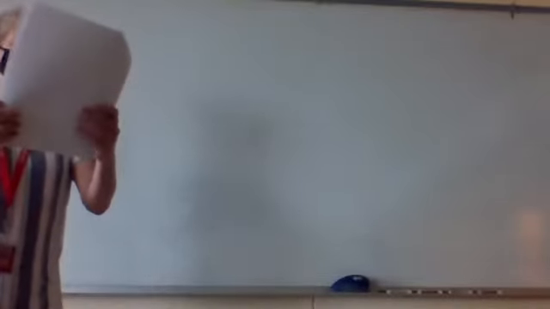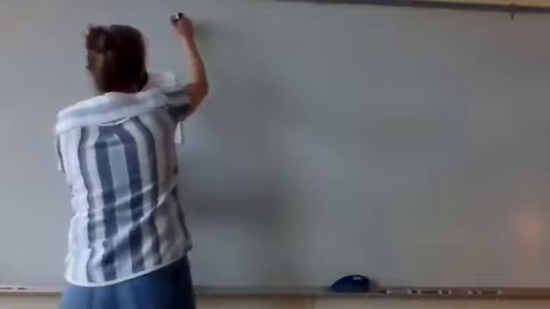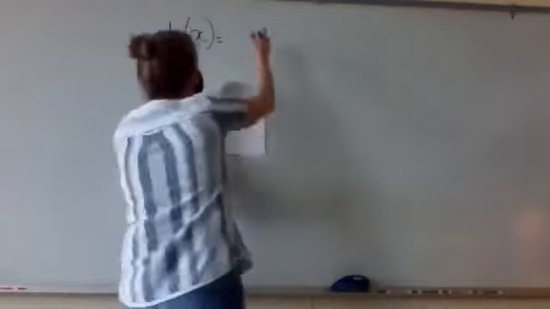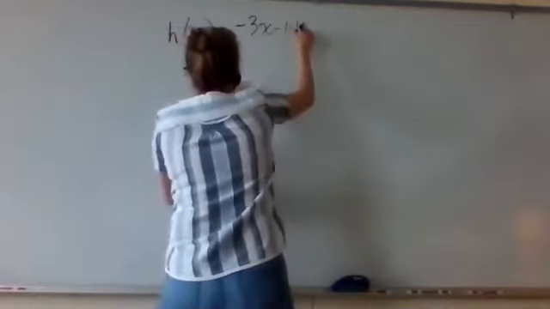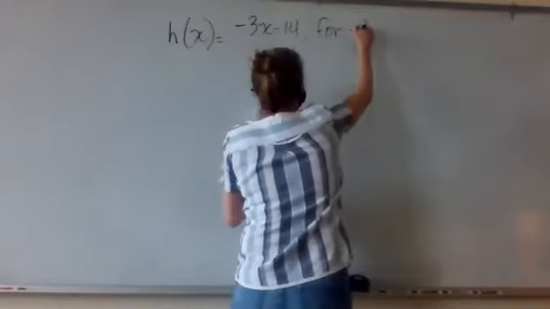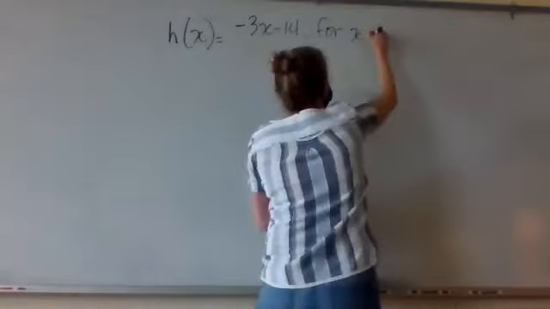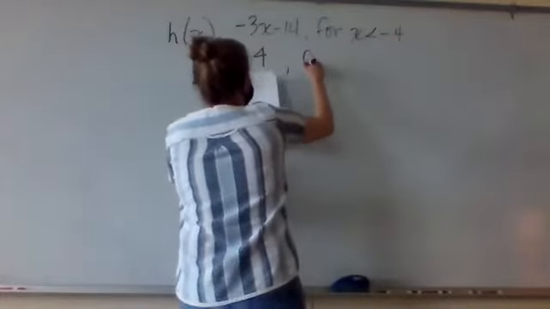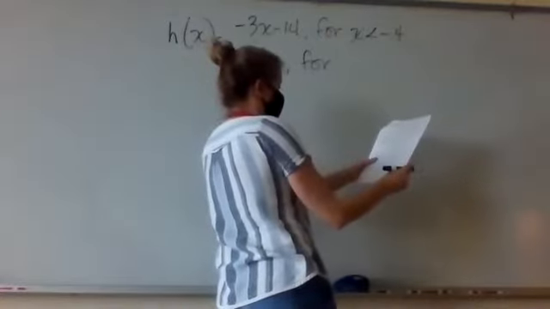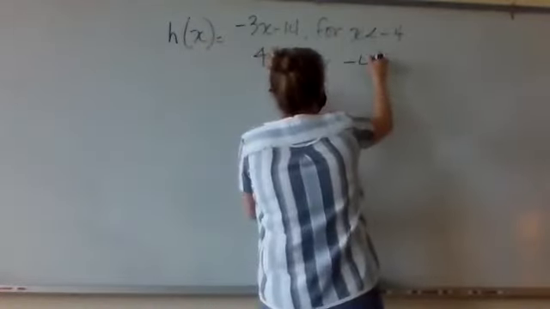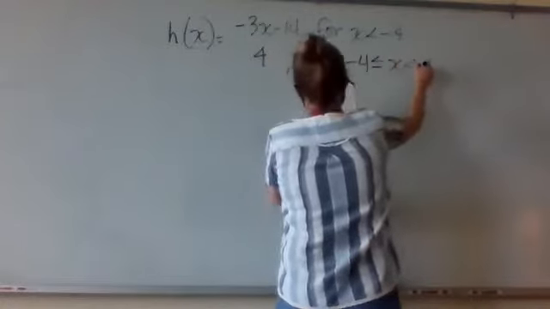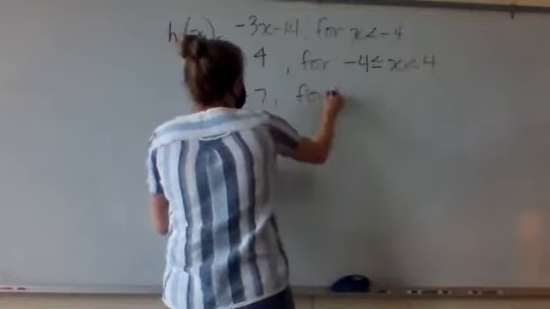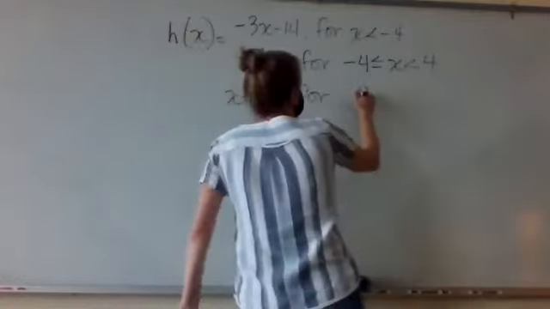So, another piecewise function. We've got h of x equals -3x minus 14 for when x is less than -4, 4 for -4 is less than or equal to x, which is less than 4, and it's x plus 7 for when x is greater than or equal to 4.